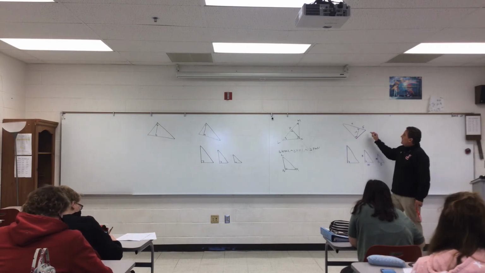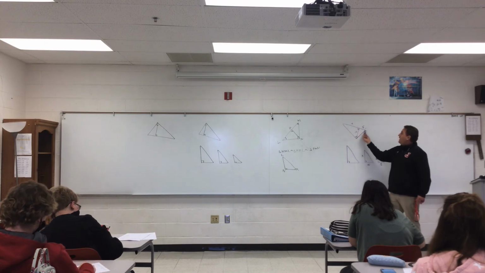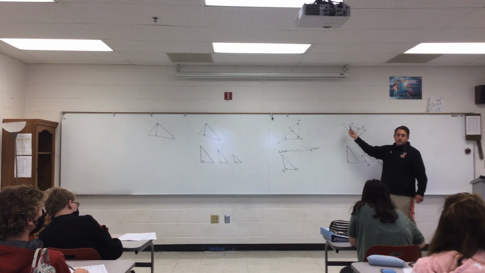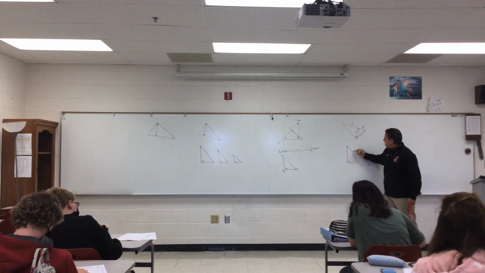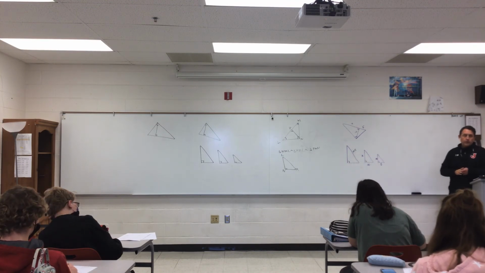In my big triangle, if I take x plus 5, like this whole side, what side is that in the big triangle? It's the hypotenuse. So I'm gonna put that right here. So let's go back through real quick what we just did.